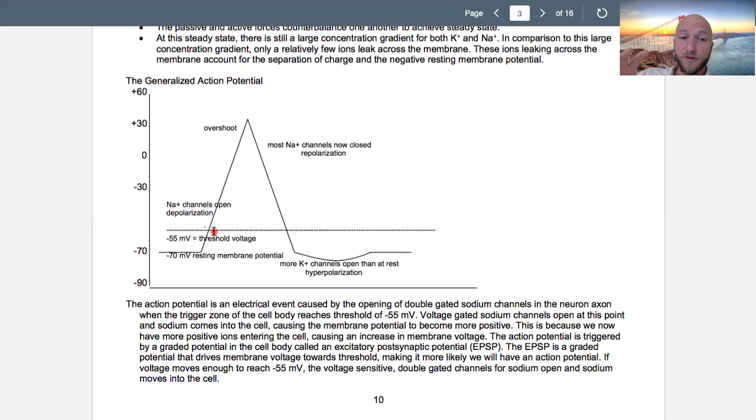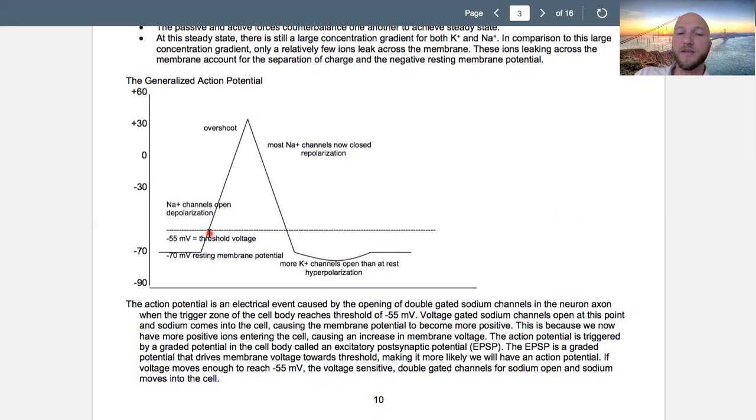So when the voltage hits -55 at the beginning of the axon, those voltage gated ion channels, so the gate is controlled by the voltage of the cell. When that first gate opens up, it's going to start the cascade event that sends the action potential down the axon. So it's the -55 at the axon hillock.